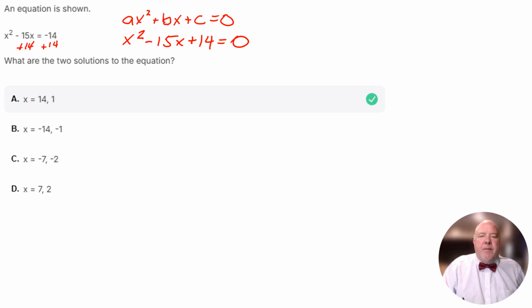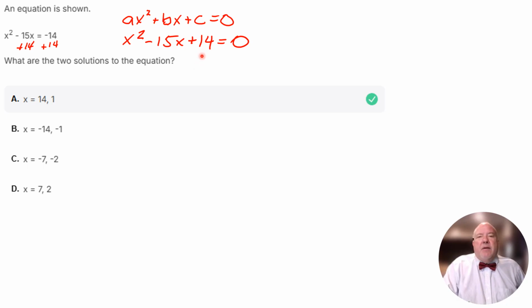Okay, so the first method I'm going to show you for factoring, what you want to do is find two numbers that multiply to positive 14, but when you add or subtract them, they come out to negative 15. So they need to be about 15 away from each other.